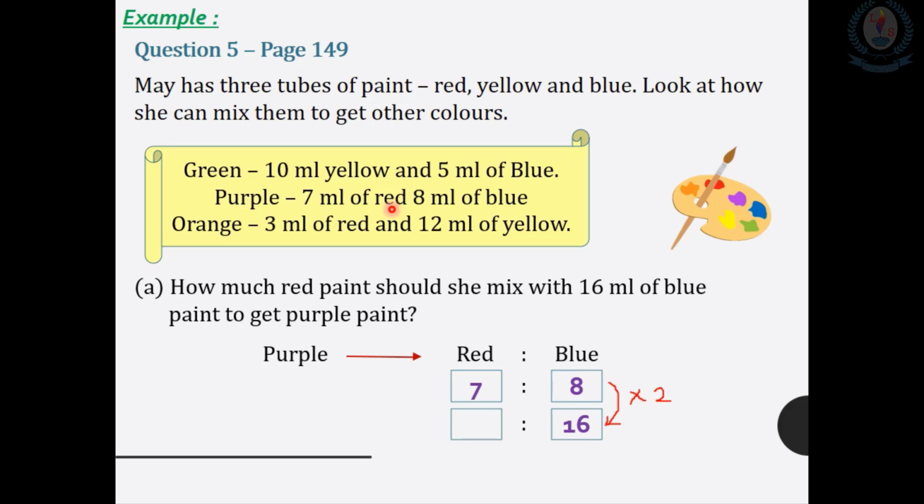Then, to complete the other term of this equivalent ratio, we can multiply 7 even by 2. What is the answer? Yes, 7 into 2 is 14. So, she should mix 14 milliliters of red paint to get the purple paint.